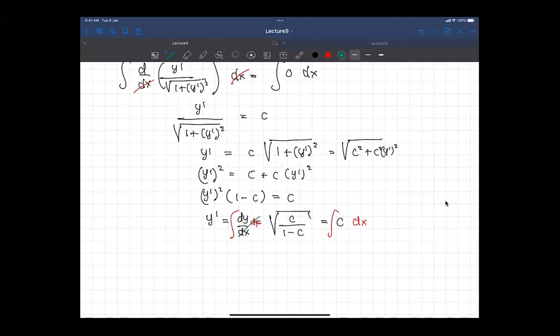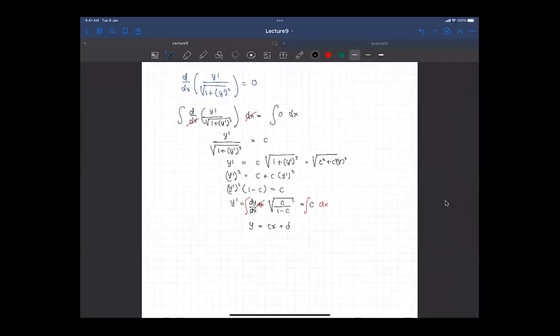So we cancel that out. So what we get on the left? y plus c, right? Equals to what? c x plus c or d, right? What equation is this? Linear equation. That's why it is a line. Yeah. So the shortest path between 2 points in the Euclidean space is a line.